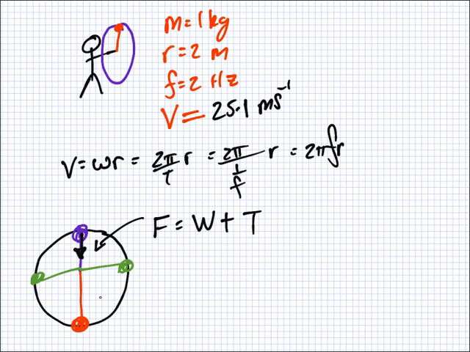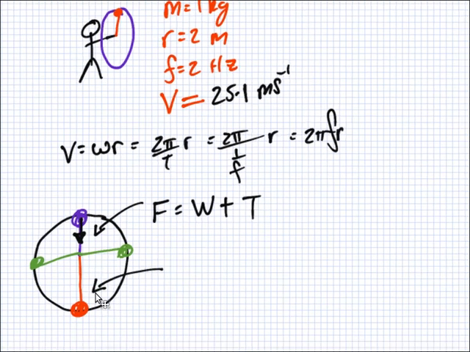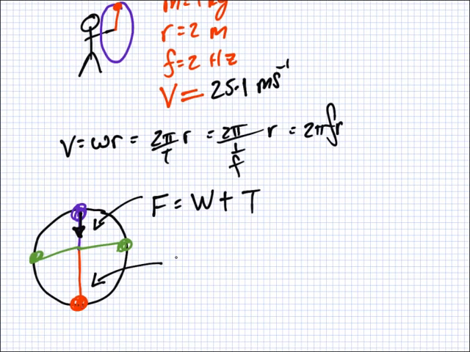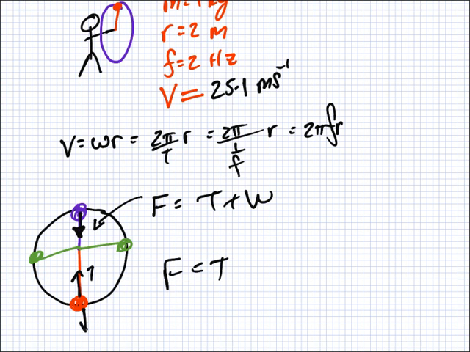Okay. Now, when you look here, again, there's two forces, but there's something different happening here. What's going to happen here is it'll be tension, but the weight goes the opposite direction.